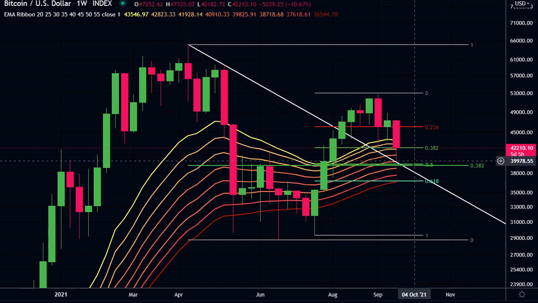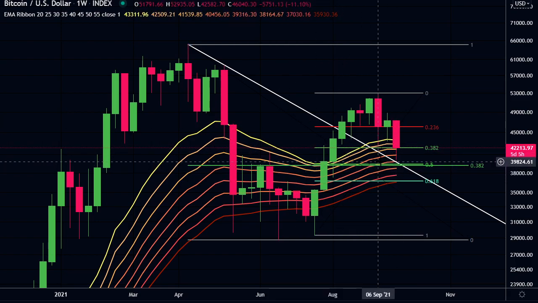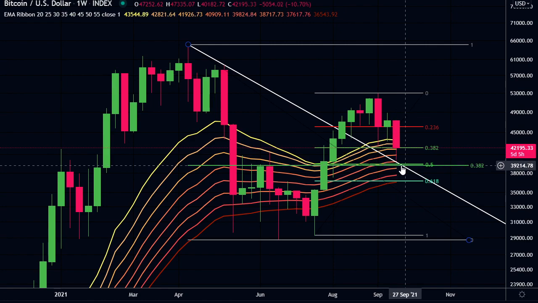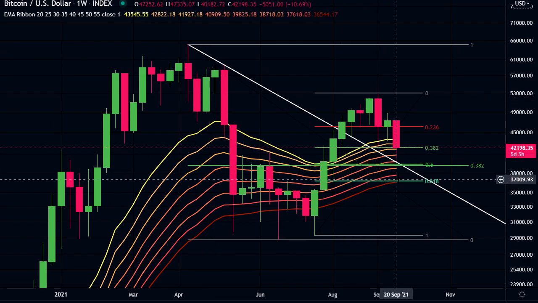You can see the 0.5 level, and these two do line up in a similar area around the 39.4, 39.2k area. And quite often when we get confluence, this could be an area to watch for a level where we would get a bounce. And this would also be in line with this trend line on the log scale.